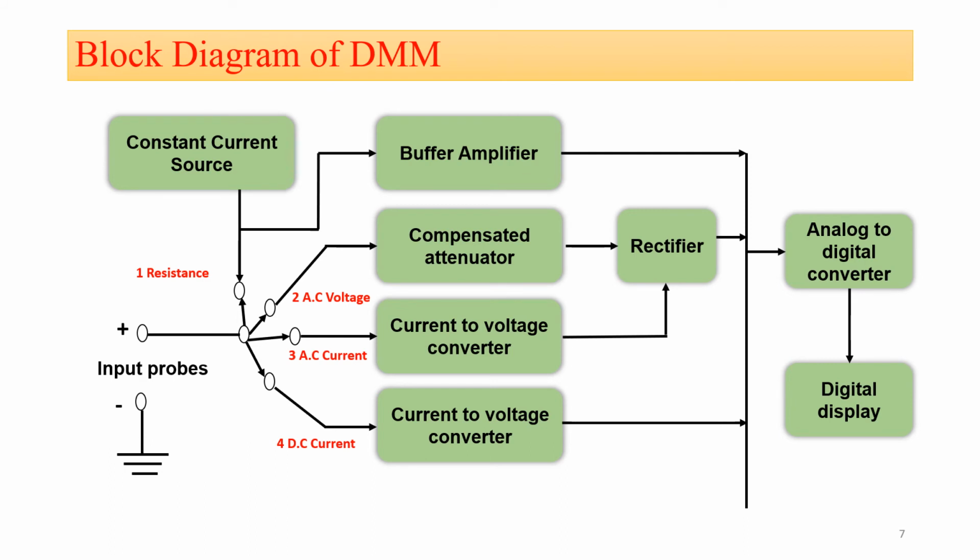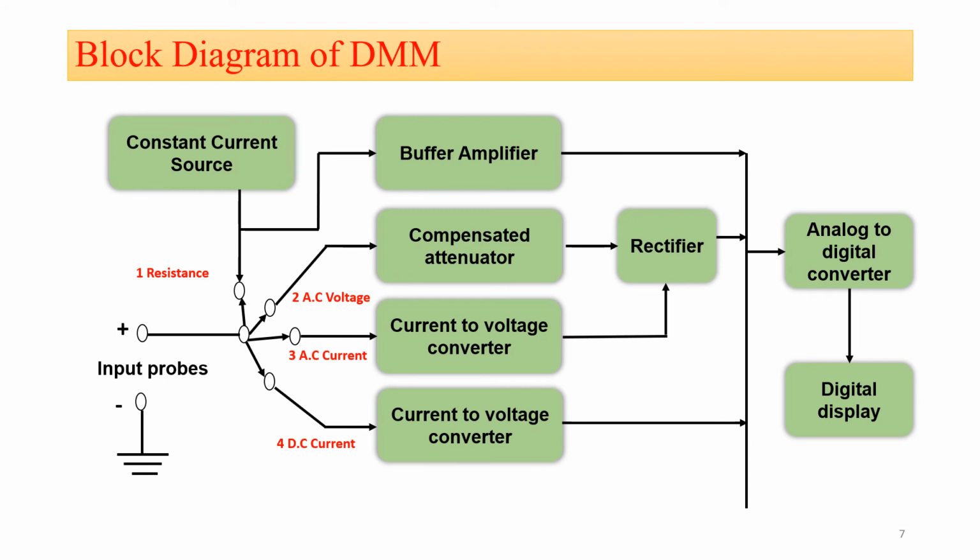Now to calculate our DC current, we don't require any rectification, because for the previous current, that is for AC current, as the input quantity is AC, that's why to convert our AC quantity into DC we require rectification.